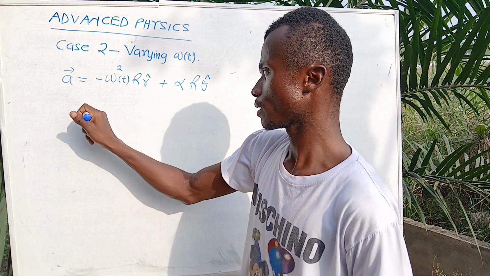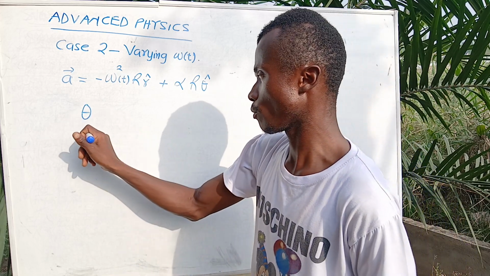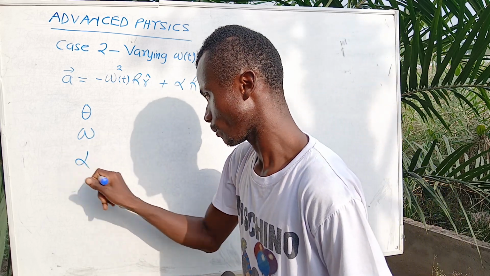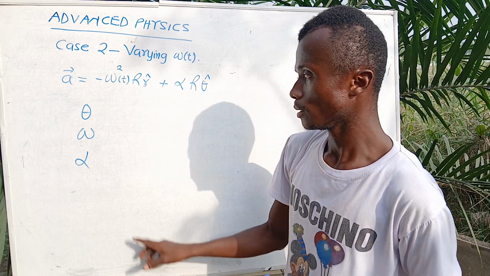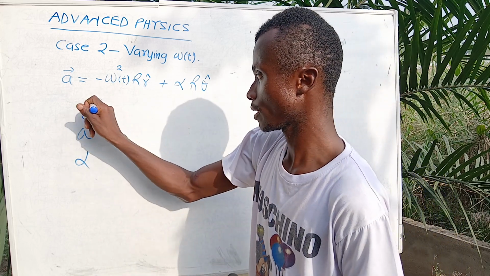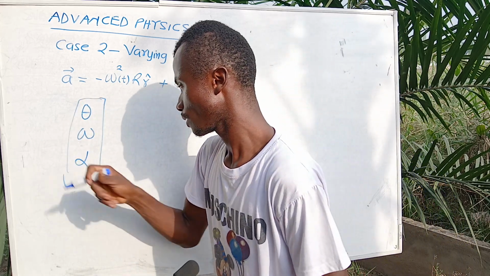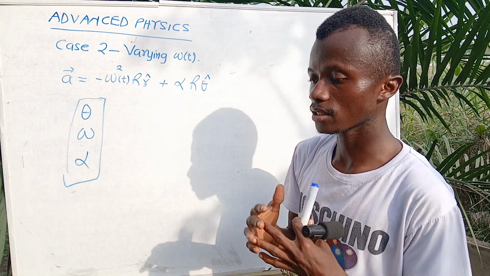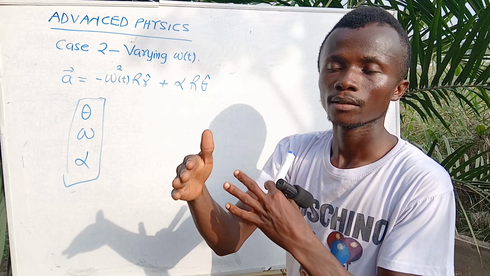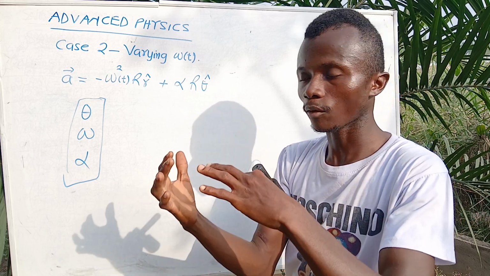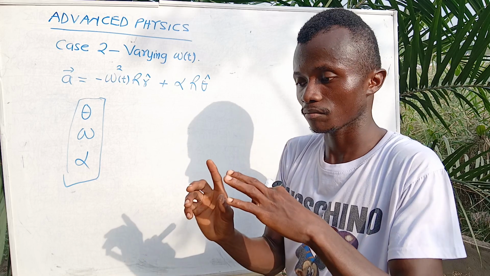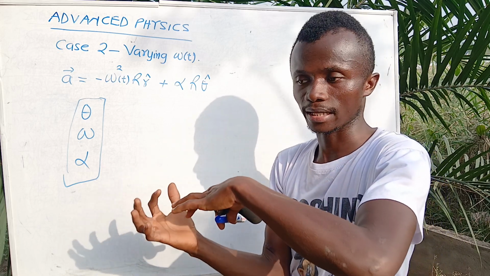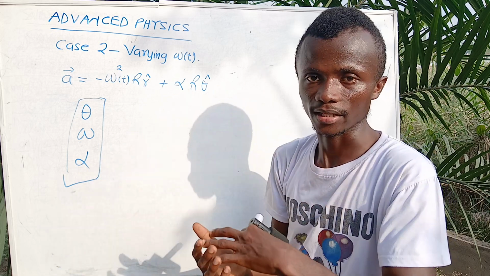So we have theta, which is angular displacement, omega, angular velocity, and when omega changes, we have alpha, which is angular acceleration. These three motion parameters can be converted to linear parameters. In actual sense, the motion itself is linear, but the analogy of the linear is angular, and you can convert from one to another. If you have the angular parameter, you can convert to linear, and vice versa.